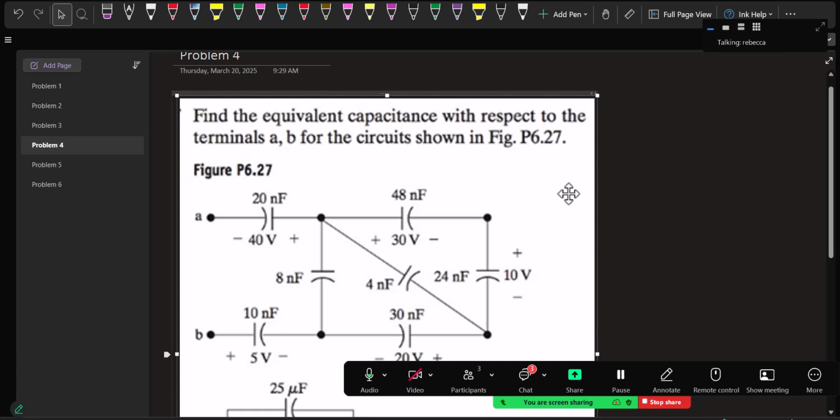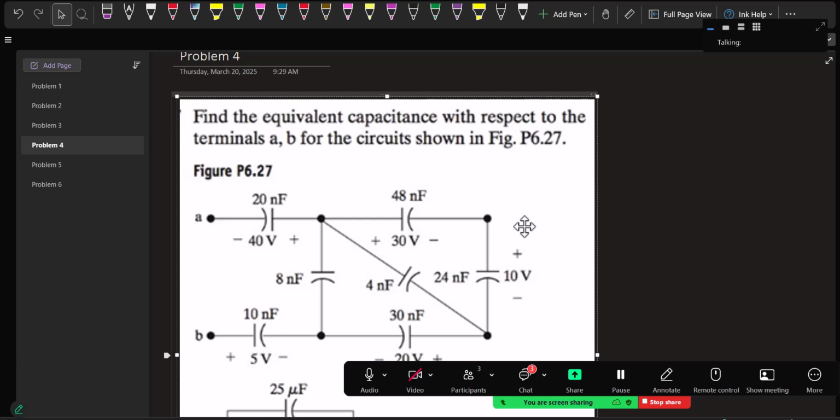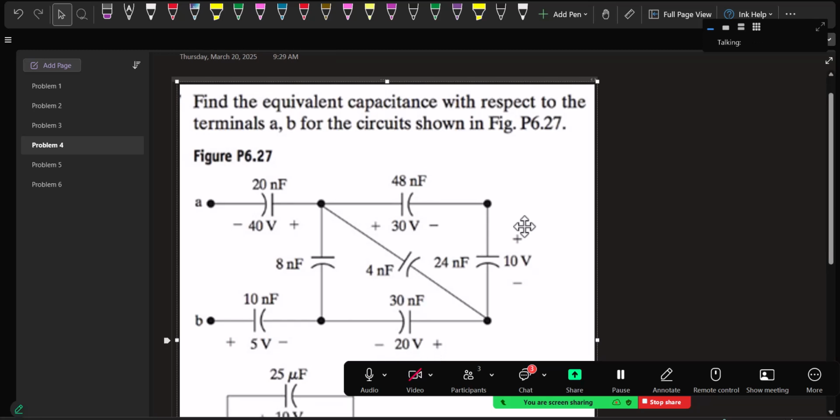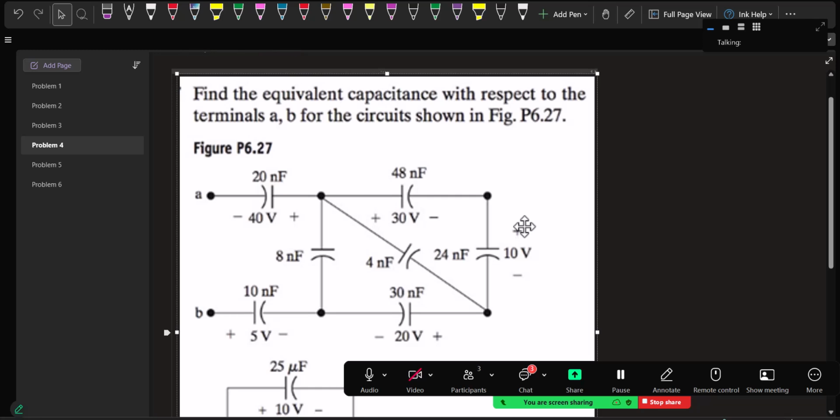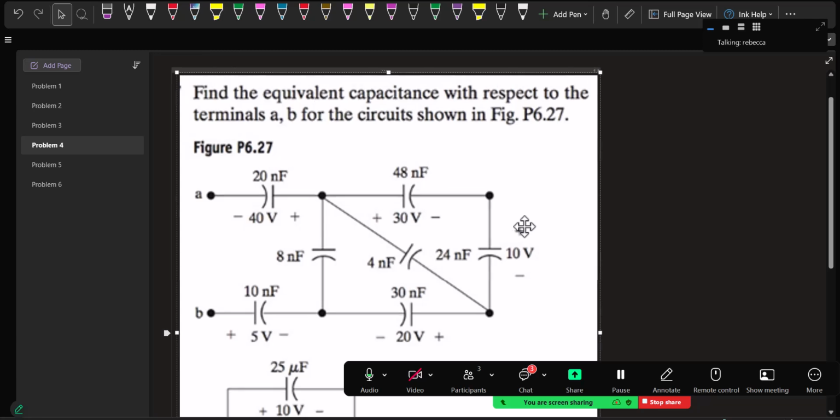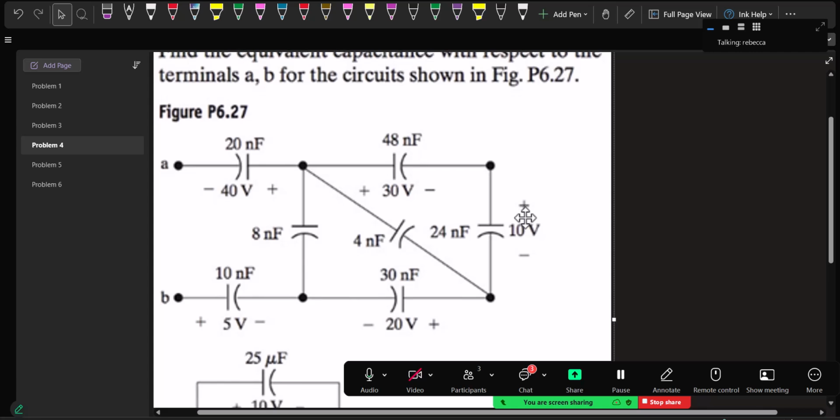Find the equivalent capacitance with respect to the terminals AB for the circuits shown here. Okay, so when we're looking for the equivalent capacitance, we are not concerned with these voltage sources here.